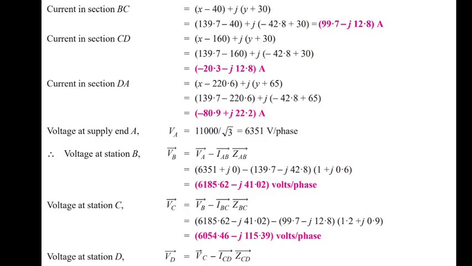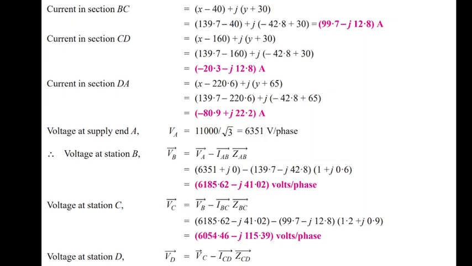So similar to the previous question, just we have a little bit more complicated calculation. Each voltage is expressed as a phasor showing both magnitude and phase component.